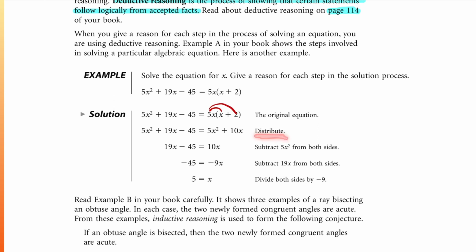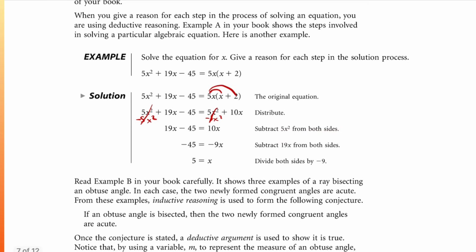So that's the accepted fact. In math, we're allowed to distribute. And then it looks like they subtracted 5x squared from both sides. That's an accepted fact in math. You're allowed to do that. To keep the equation balanced, you do the same thing to both sides of the equation.